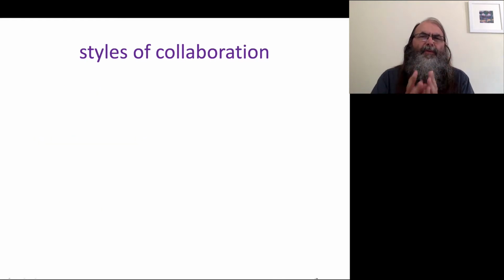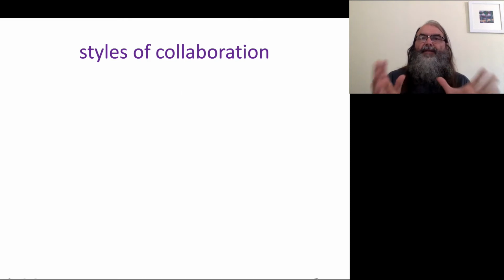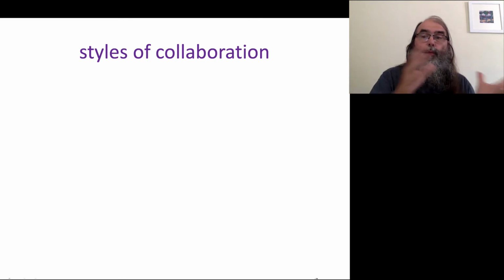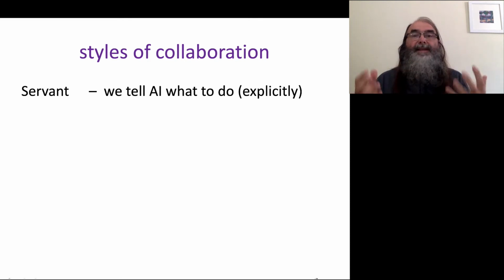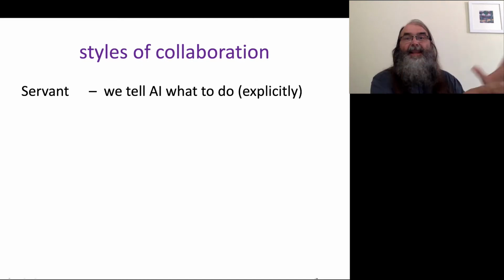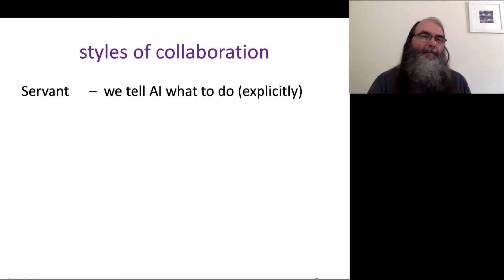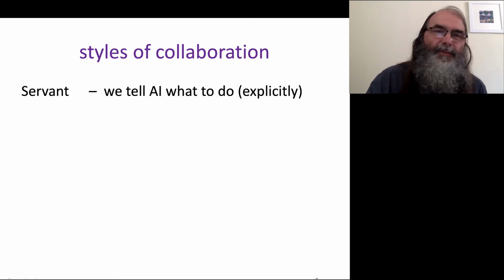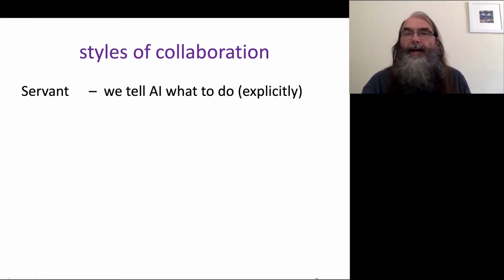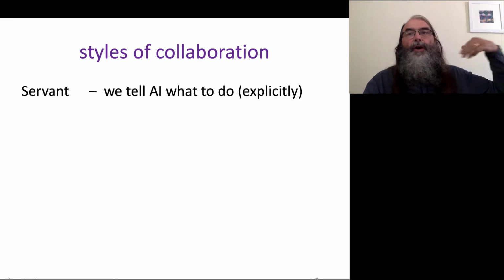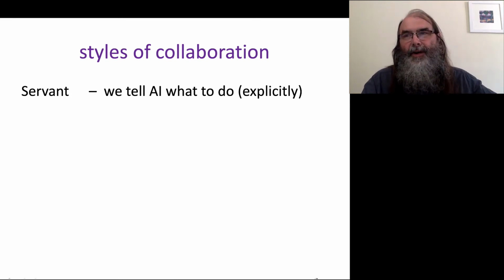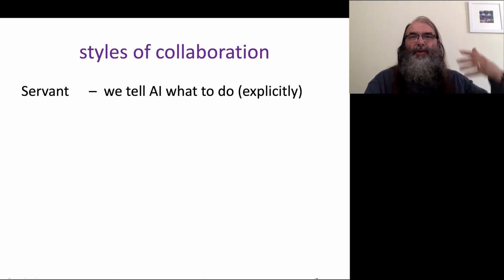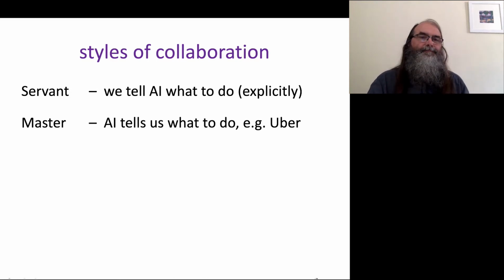One of the things I want to focus on, though, is these different styles of collaboration. How can people work with AI? So one way this can happen is we just tell AI what to do. This is the classic Star Trek, computer do this kind of thing. And there's a lot of systems that are like that. You want something, you tell it what to do, you tell your Alexa to turn the dishwasher on, you want the dishwasher to turn on.